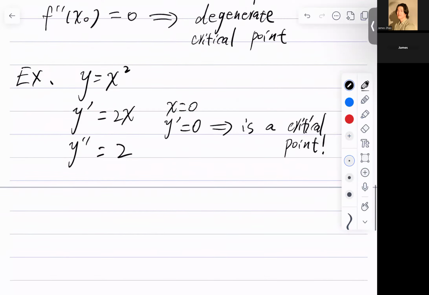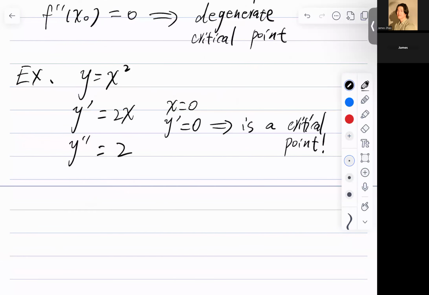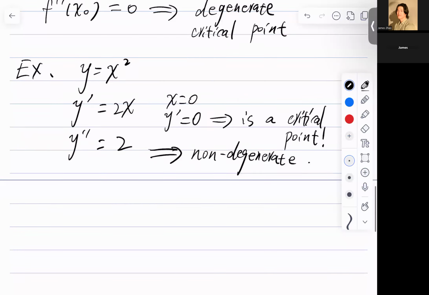And we can see that the double derivative is not 0. So we know that it is non-degenerate. Therefore, we got a non-degenerate point.